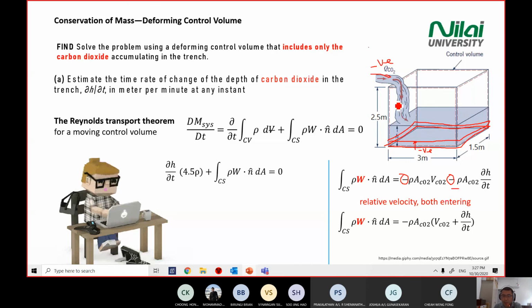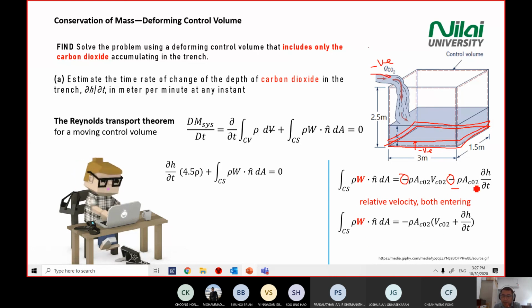I explained already. In this case, we only look at CO2, and because of the deforming control volume, we have two components here. One is from outside, one is from the bottom accumulating.